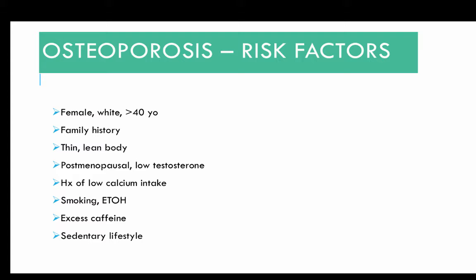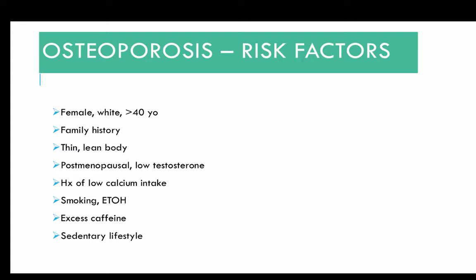Also, family history and a thin, lean body tend to increase risks for osteoporosis. Postmenopausal estrogen deficiency or decreased calcitonin can cause a problem with osteopenia and osteoporosis. Men who have a low testosterone can have an increased risk for osteoporosis.